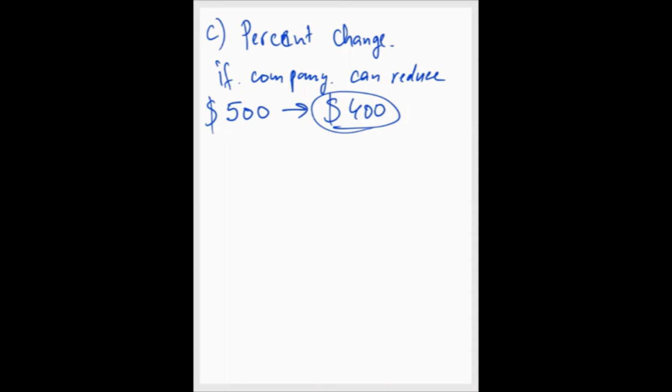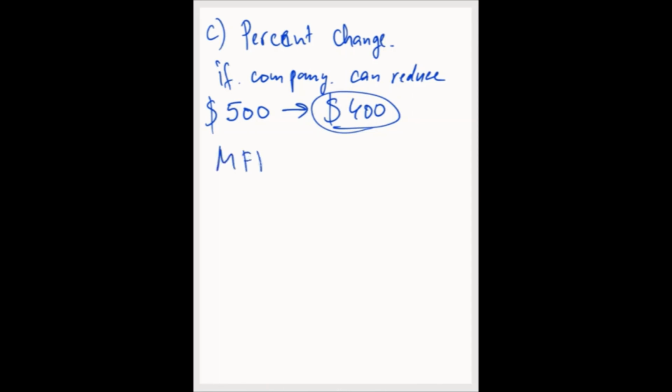Okay, if the company can reduce energy cost from $500 to $400 per day without cutting production or changing any other inputs.